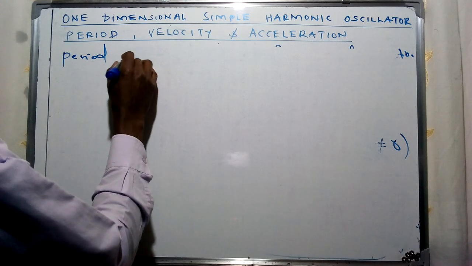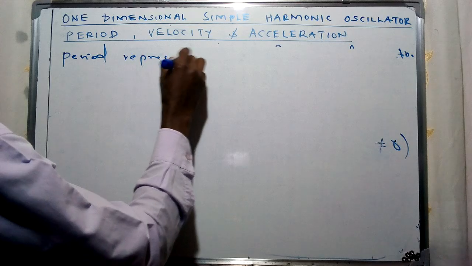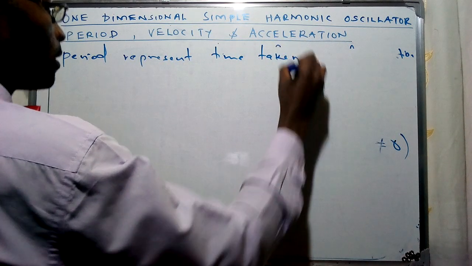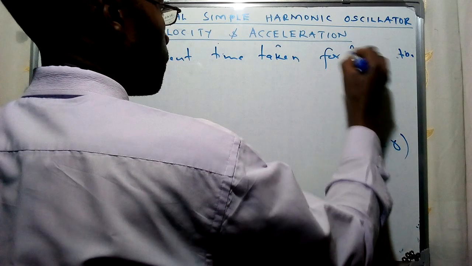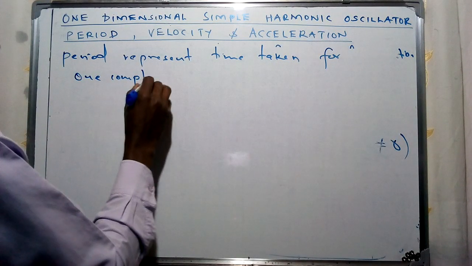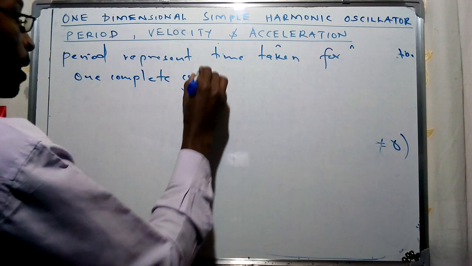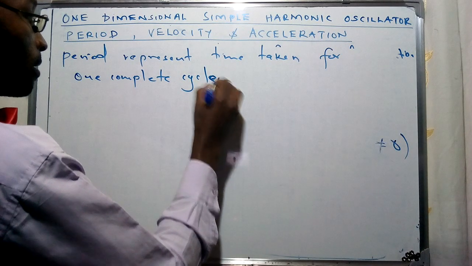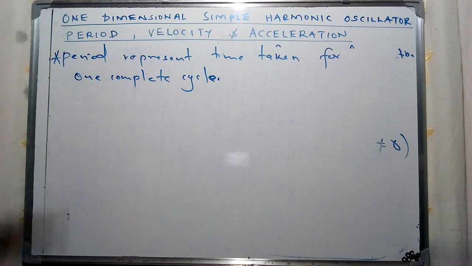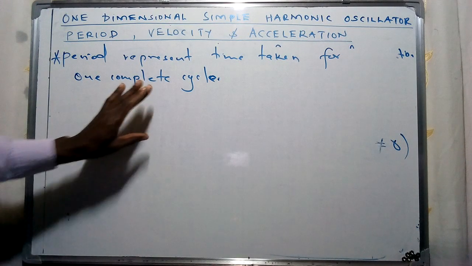So the period represents the time taken for one complete cycle.